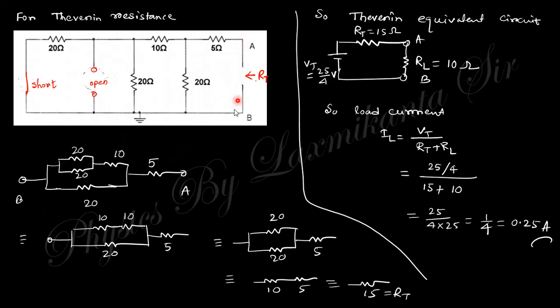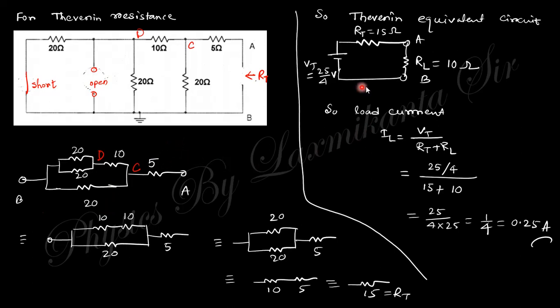This is point A. After the 5 ohm, it divides into two parts: one is 20, reaching point B, and the other is 10, reaching a point which we write as C. After C there is 20 which reaches B. After D, these two are combined with B. Now 20 parallel 20 gives 10, 10 plus 10 in series is 20, 20 parallel 20 again gives 10, and 10 plus 5 in series is 15. So the Thevenin resistance is 15.